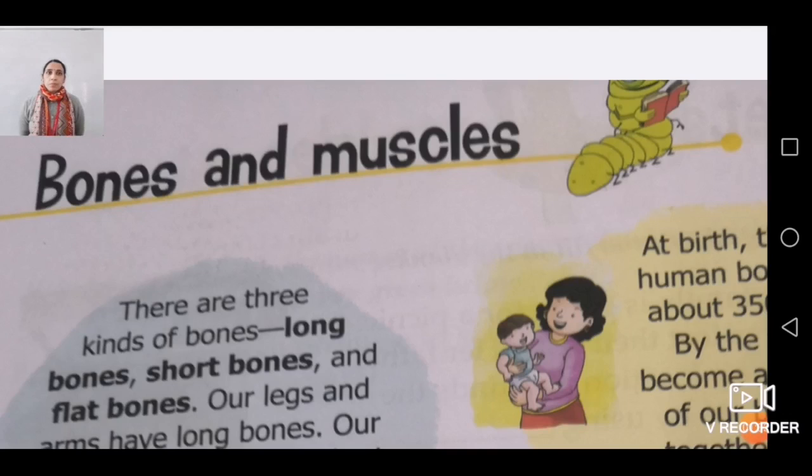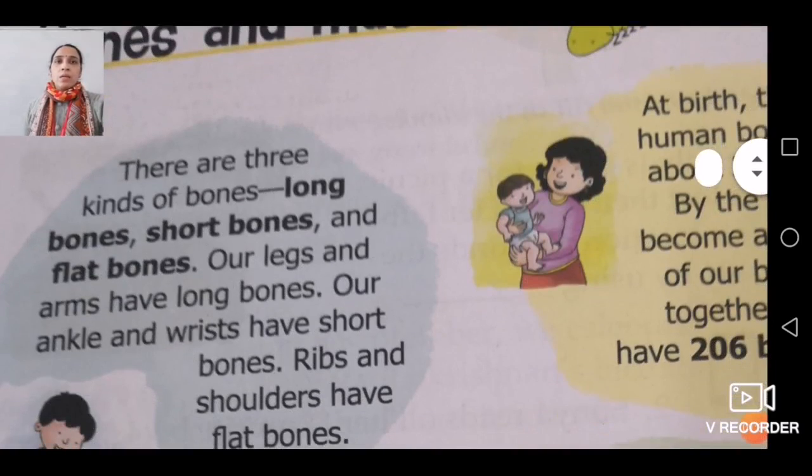Bones. The first point given is that there are three kinds of bones: long bones, short bones and flat bones. Our legs and arms have long bones.